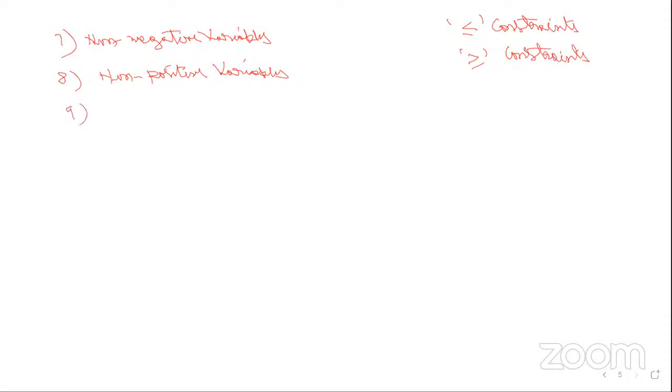Non-negative variables, less than or equal to constraints. Non-positive variables, greater than or equal to constraints.